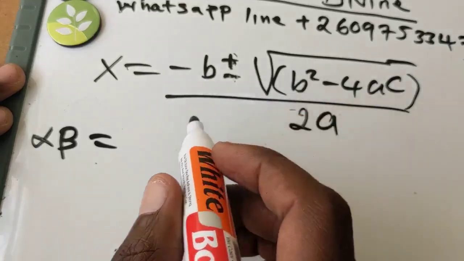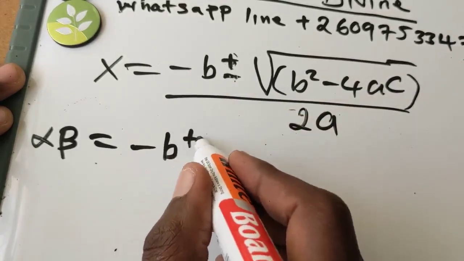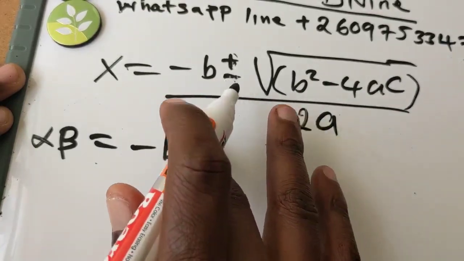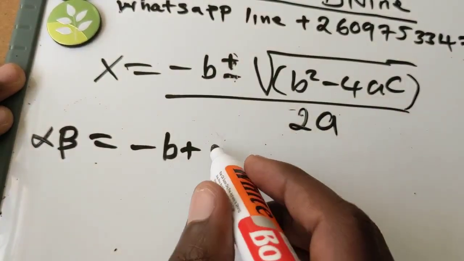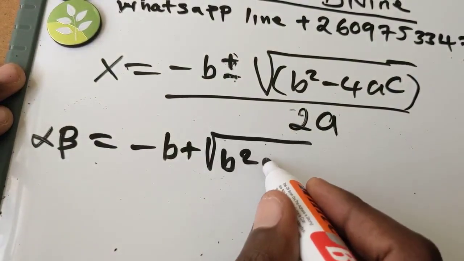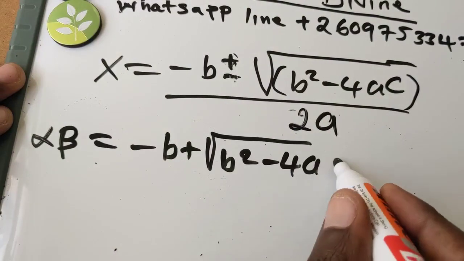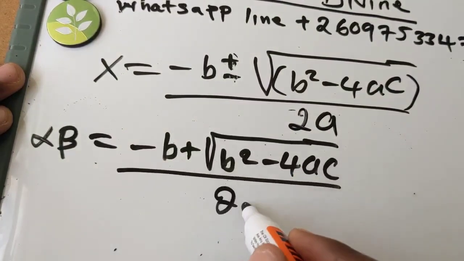So the one that has a positive sign is the alpha. So it has a positive sign, then root of b squared minus 4ac over 2a.